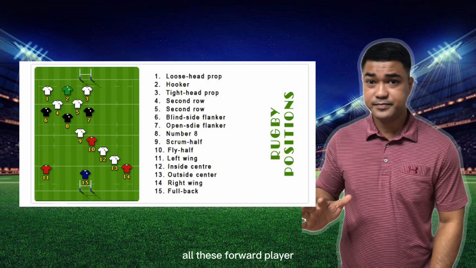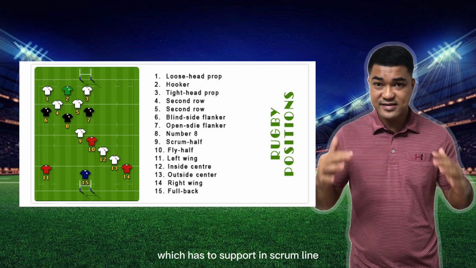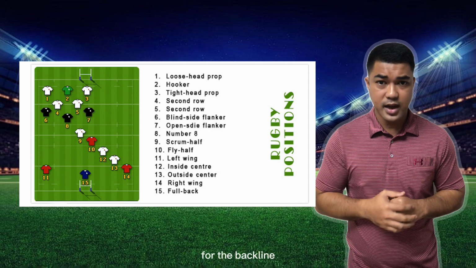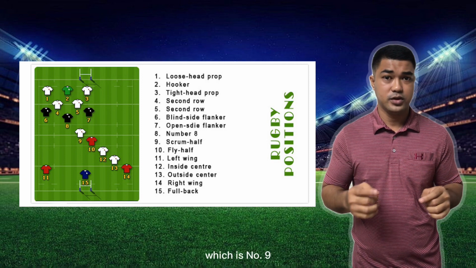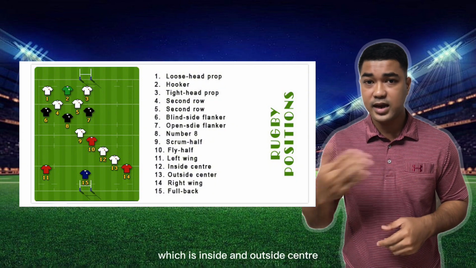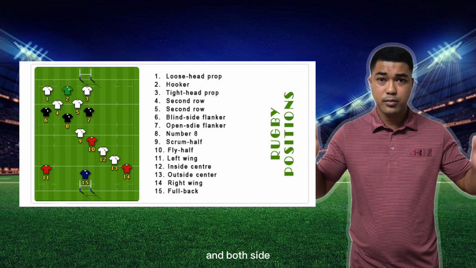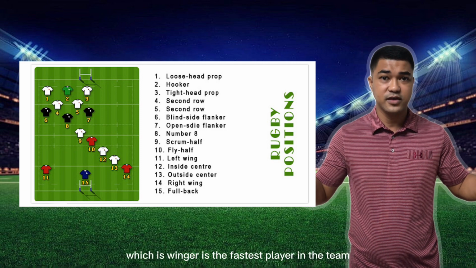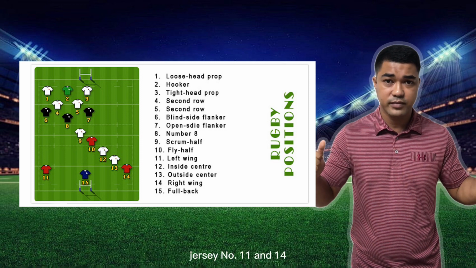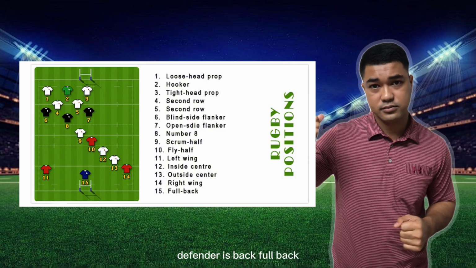All these forward players should be bigger and strong, which has to support in scrum, line out to win the ball in the game. For the backline, we have a scrum half, which is number 9, fly half number 10, 2 center player, which is inside and outside center, which is jersey number 12 and 13, and both side, which is winger, is the fastest player in the team, jersey number 11 and 14, and the last defender is back, full back.